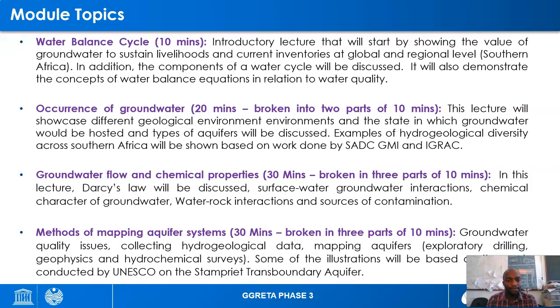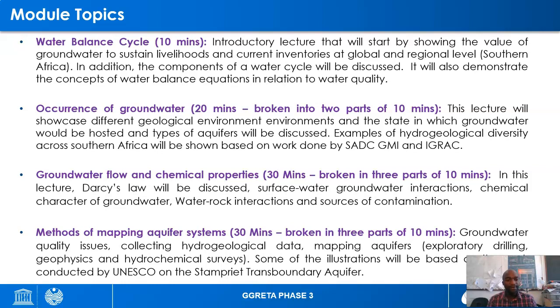Then lecture 3, we'll look into groundwater flow and the chemical properties that define it. And here we'll look into Darcy's law, just defining it, what are the elements it has, then surface water groundwater interactions, then go into the chemical character of groundwater, and then sources of contamination.